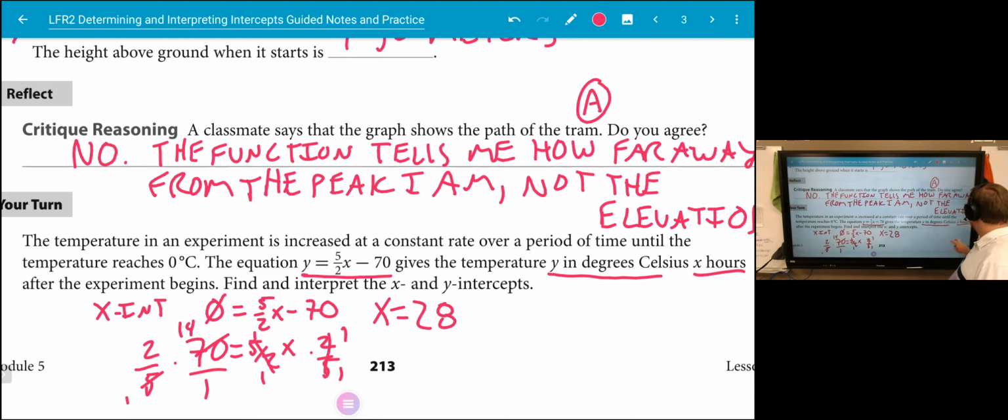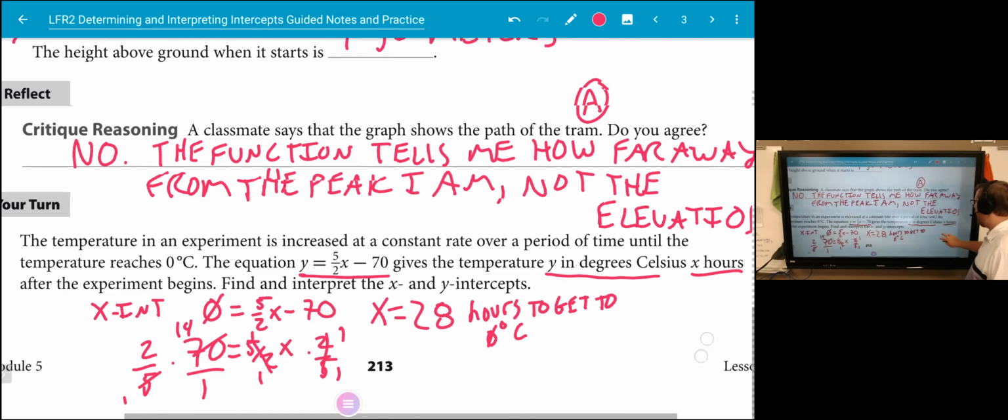What was x again? X hours after the experiment begins. So this means it took 28 hours for the temperature to get to 0 degrees Celsius.